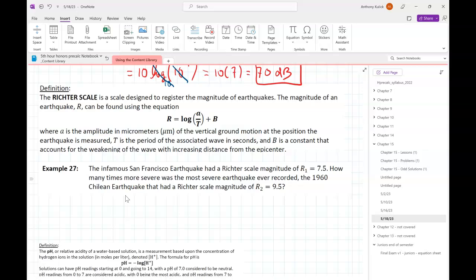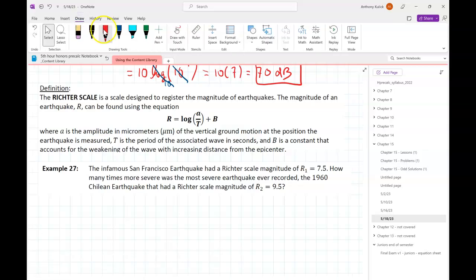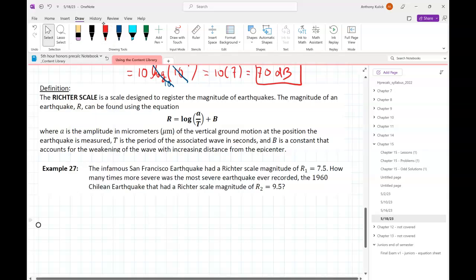How many times more severe was the most severe earthquake ever recorded, the 1960 Chilean earthquake, that had a Richter scale magnitude of 9.5? So at first glance, this feels like maybe there's not enough information provided here, because it seems like we're really short on stuff, right? But we need to think about this for a minute. So what is it really asking for?